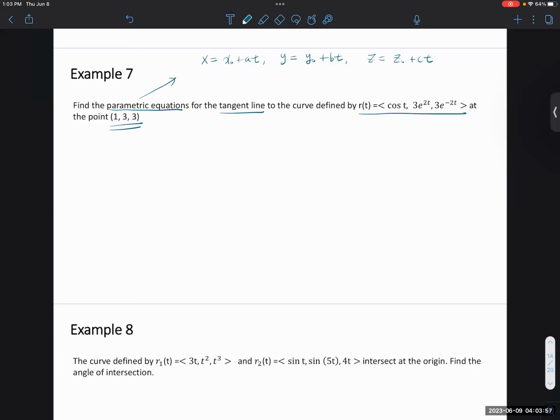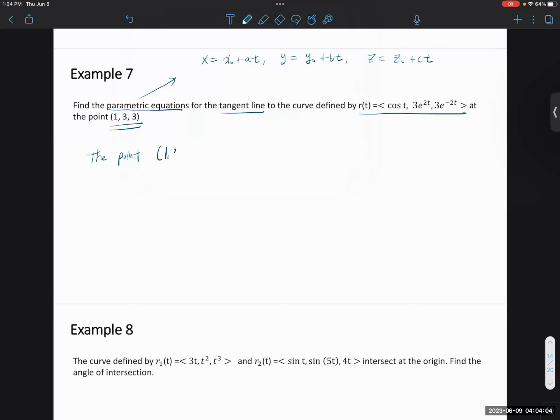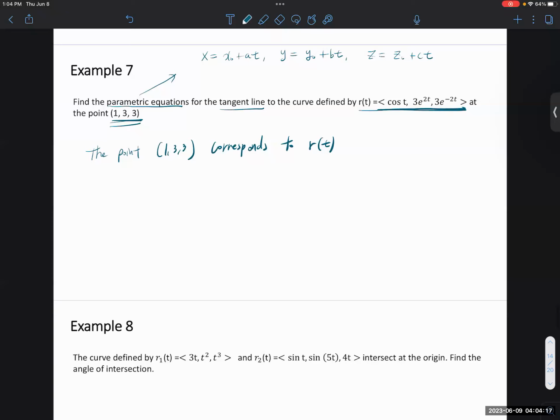So let's use all the given information. The point 1, 3, 3 corresponds to r(t) because they say this is at here. What does it mean? You can say r(t), which is cosine t, 3e to the 2t, 3e to the negative 2t, is equal to 1, 3, 3.